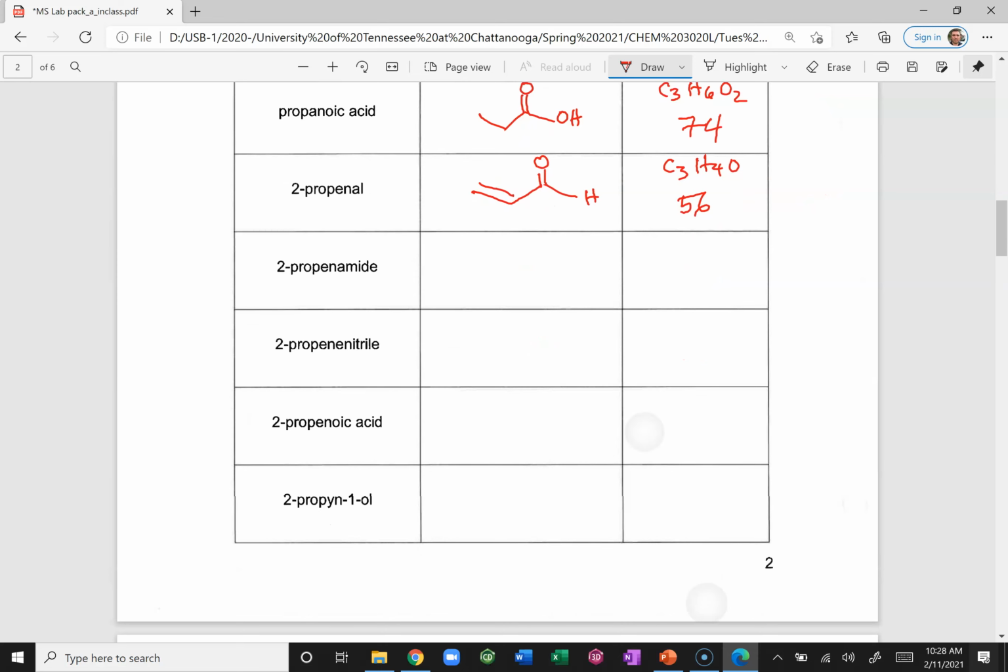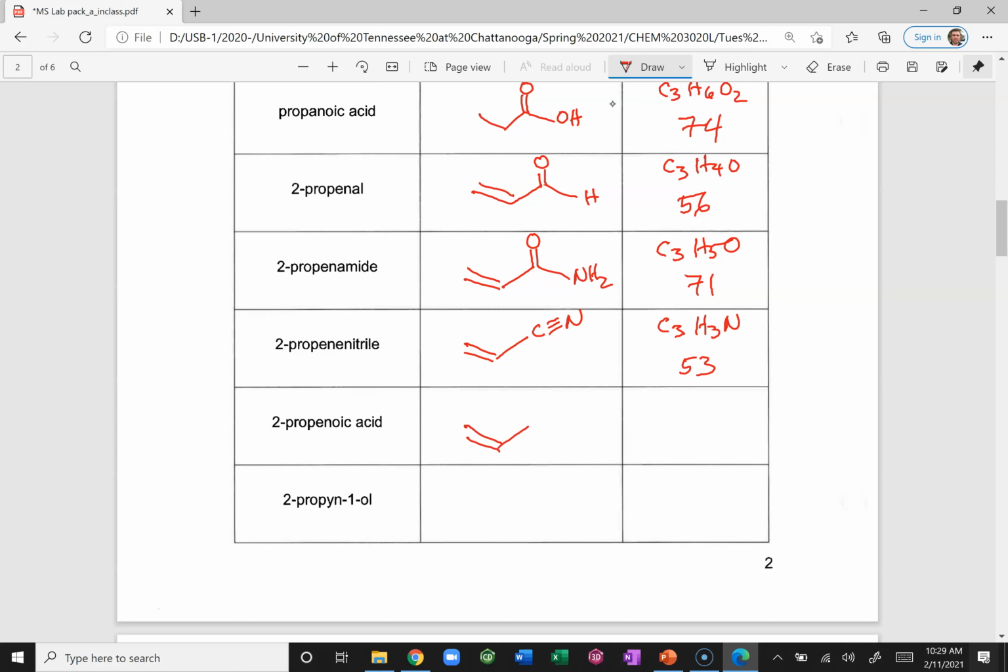2-propenamide will be similar to that, but it will have an amine here. And this is C3H5NO, 71. 2-propenenitrile will be this, and we'll have C3H3N, 53. I'm going to speed up a little bit.